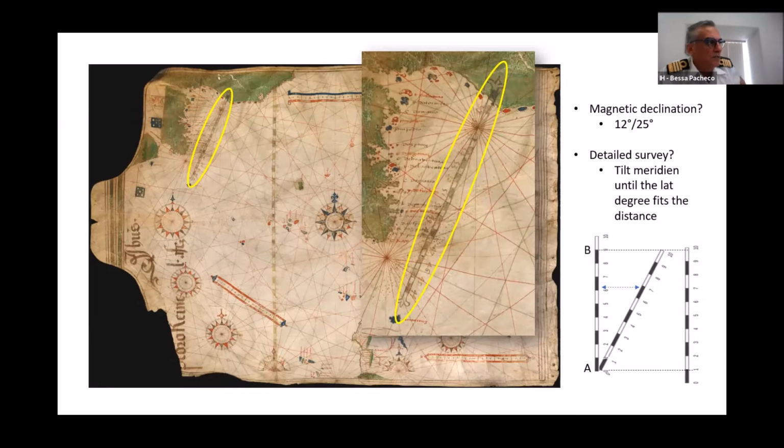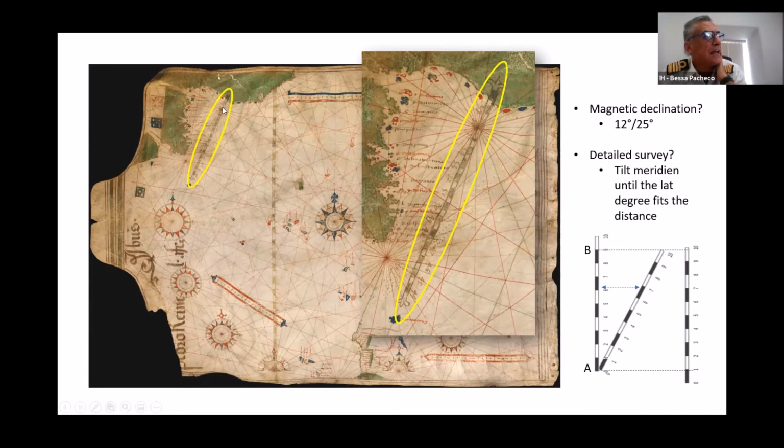This is Pedro Reinel from 1502, I believe. And besides having the regular latitude and meridian grid, he would also have a tilted meridian close to the shore in Newfoundland.